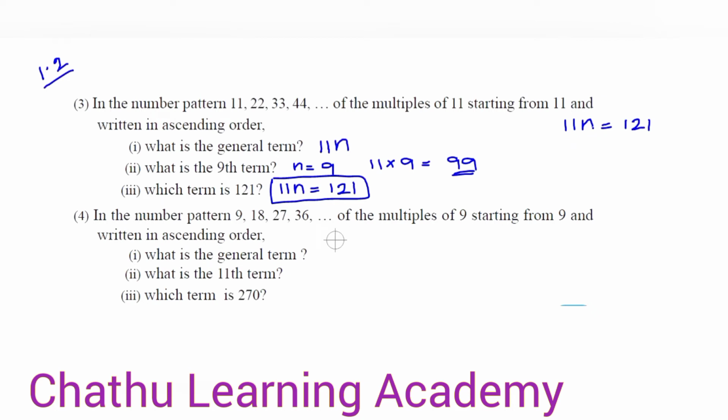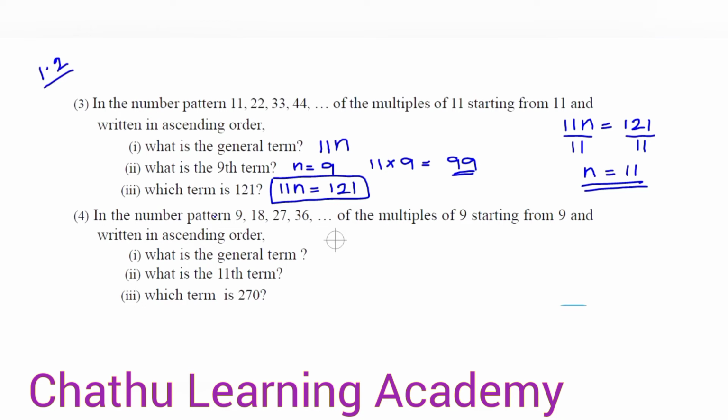We can find the value for n by dividing by 11. Then here we can isolate the unknown n. Here also we want to divide by 11. Then n is equal to 11. Like this we can find the term of 121. It is the 11th term. Then the 11th term is 121.